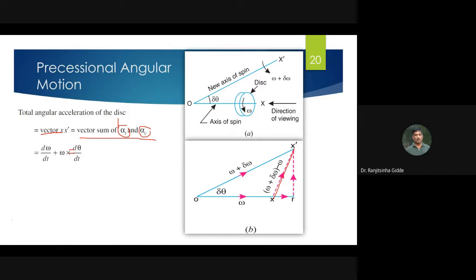Then you can write this is alpha t and this one is alpha c. Instead of this we have written omega p. So this will be asked.